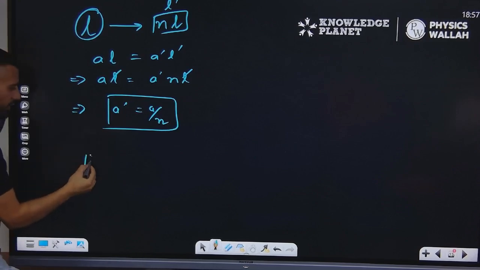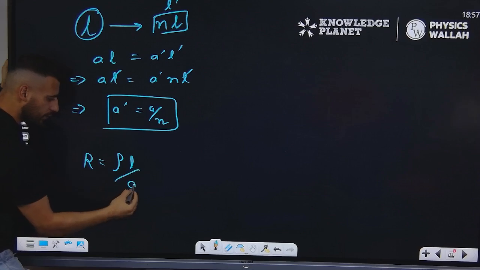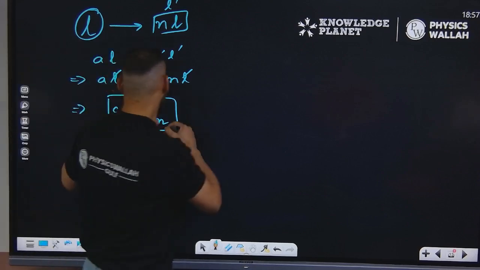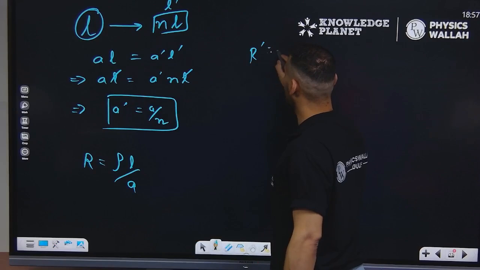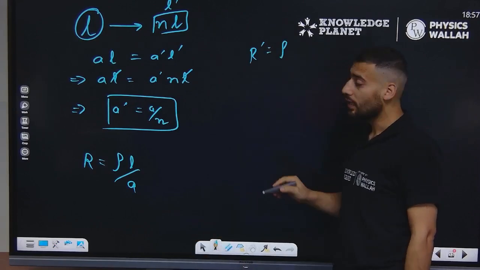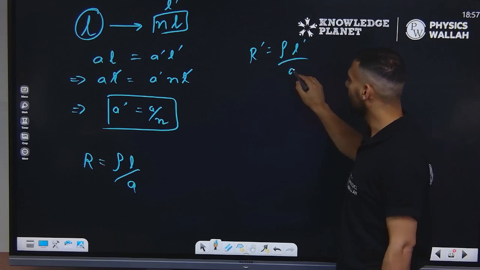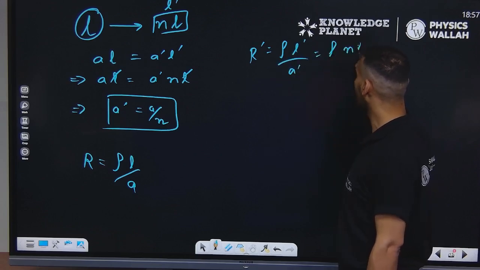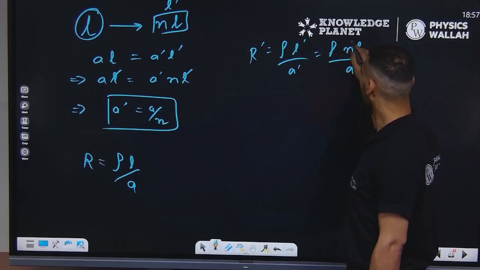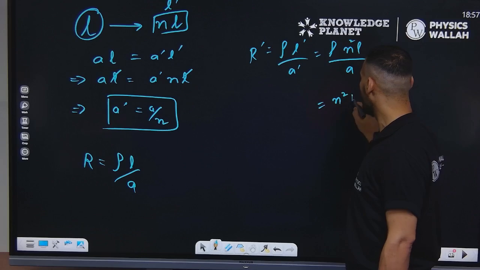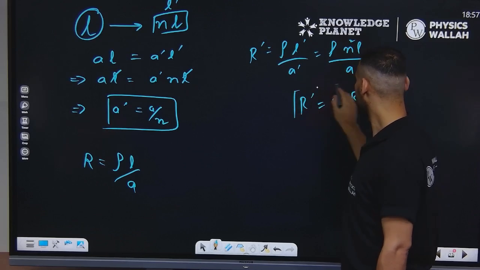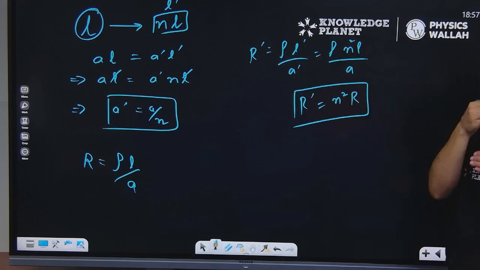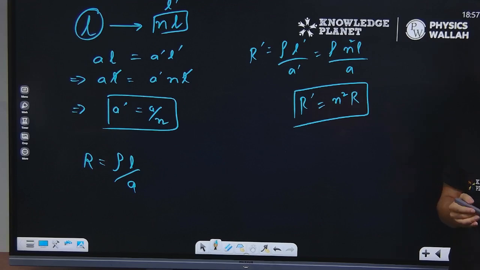Now the resistance initially was rho L by A. But when you stretch it, the new resistance will be rho, because the material is same, L dash by A dash, which is rho, L dash is NL, A dash is A by N. Therefore, it is N square times R. But this is the new resistance. He's not telling me the new, he's telling me to find the fractional change. How do you find the change first of all?